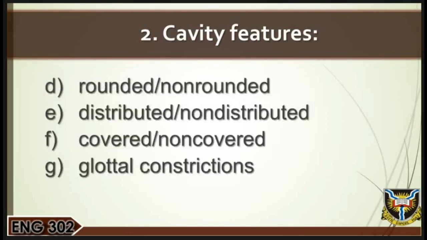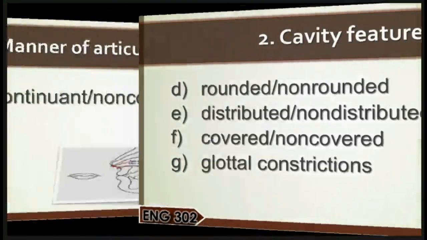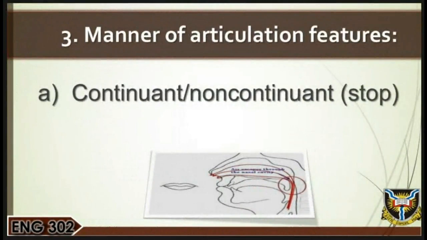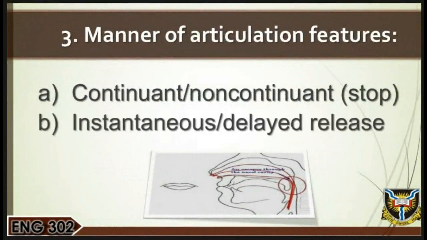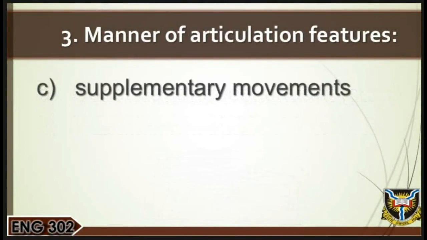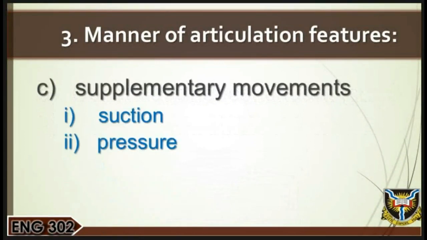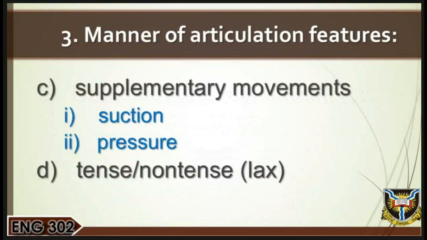Under that: 1. Nasal or non-nasal. 2. Lateral or non-lateral. 3. Manner of articulation features: A. Continuant or non-continuant, in brackets, stop. B. Instantaneous or delayed release. C. Supplementary movements, under that: 1. Suction. 2. Pressure. D. Tense or non-tense, in brackets, lax. 4.